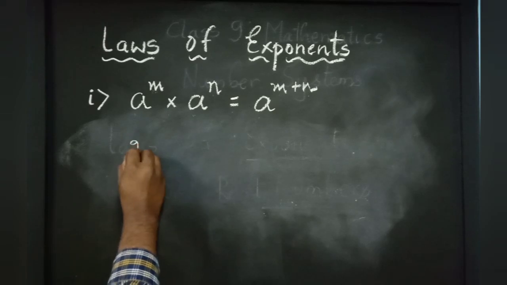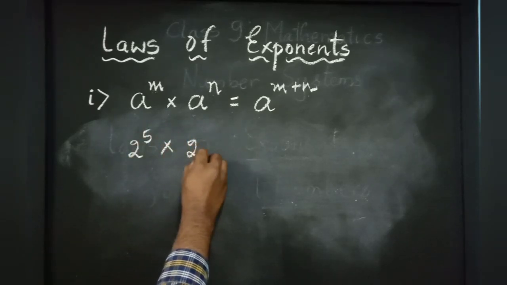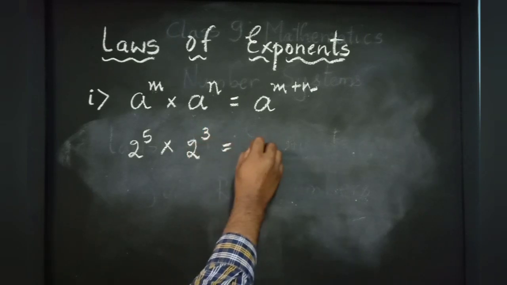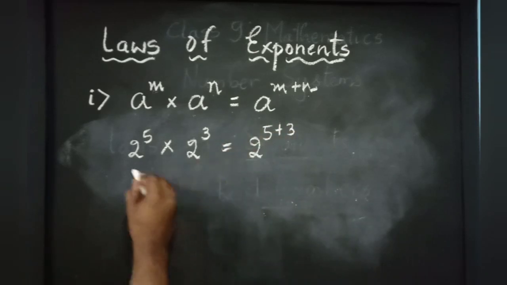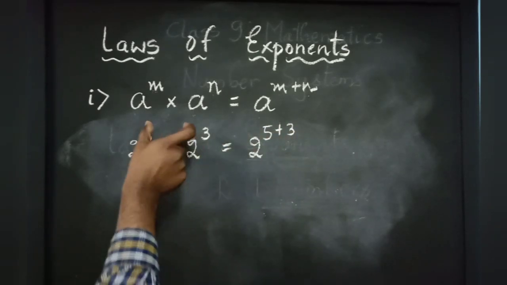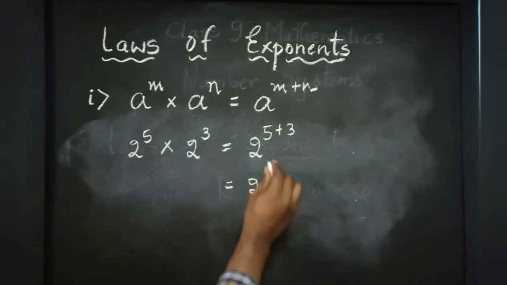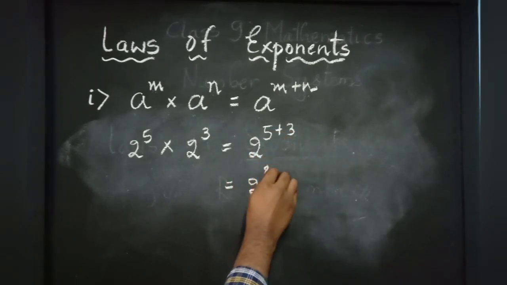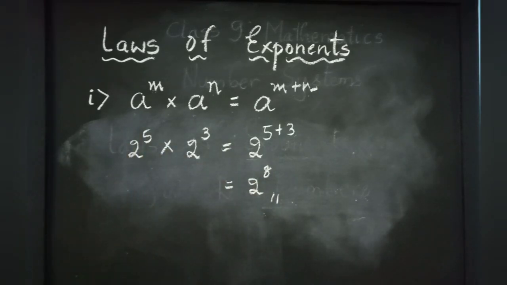Example, 2 to the power 5 into 2 to the power 3 can be written as 2 to the power 5 plus 3. That is, when the bases are same, you can add the powers. Therefore, 2 to the power 5 plus 3 is 2 to the power 8. This is the first law of exponent.